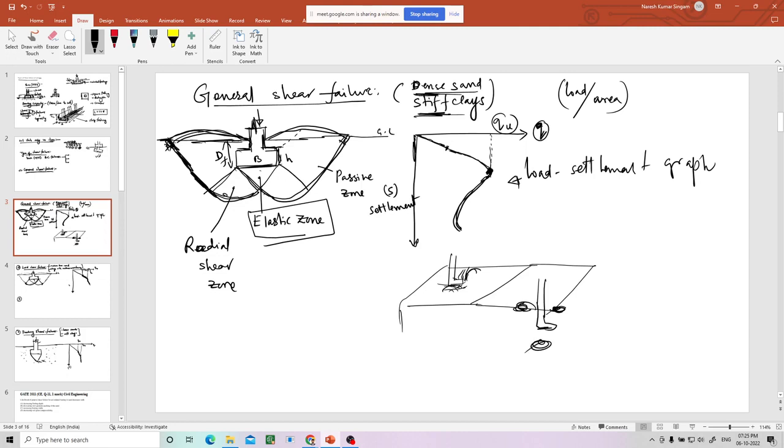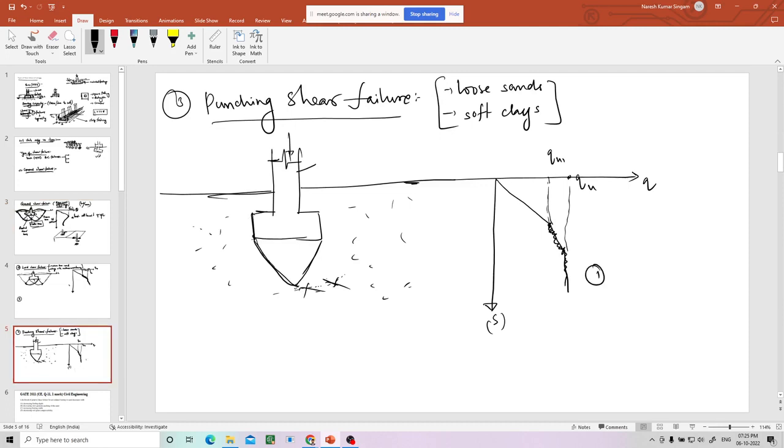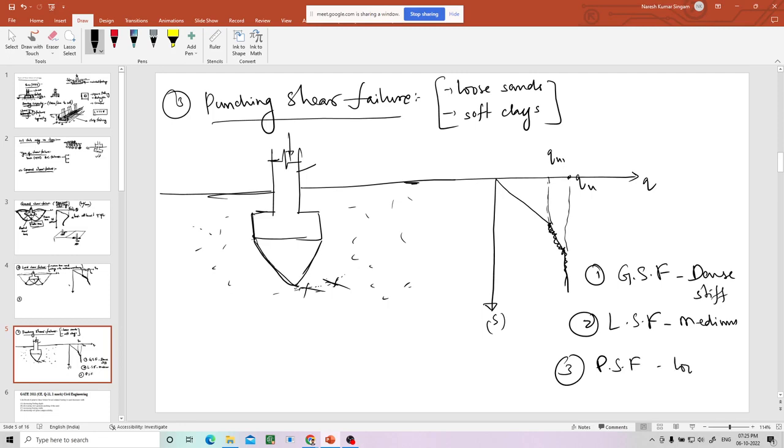So now what did you understand from this? General shear failure can happen in dense sand or stiff clays, local shear failure will happen in medium dense or medium consistency soils, and punching shear failure will happen in loose sands.